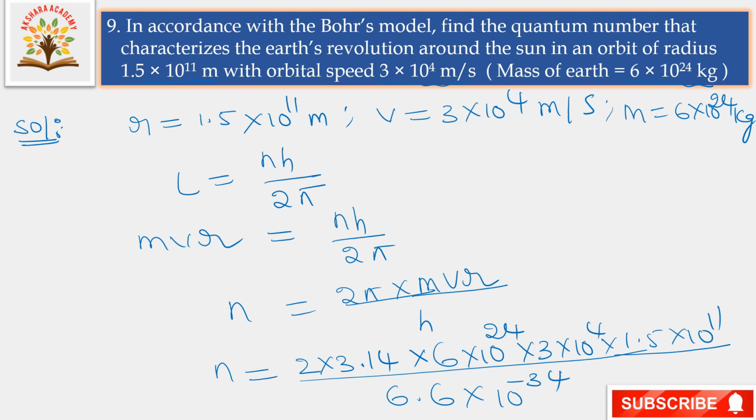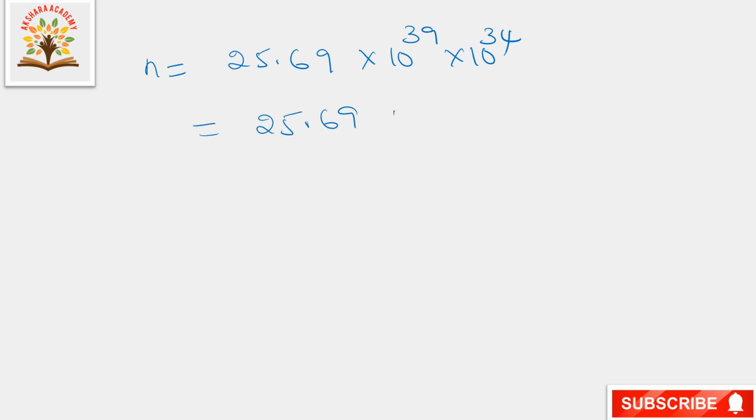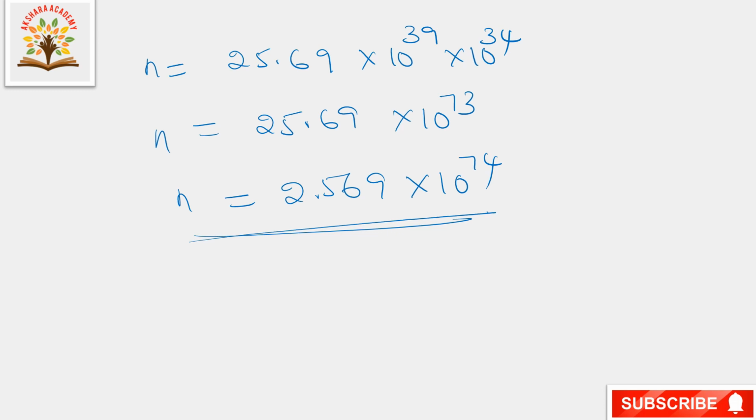After multiplying, 25.69 into 10 to the power of 39 into 10 to the power of 34. At last this can be written as 25.69 into 10 to the power of 73, or n is equal to 2.569 into 10 to the power of 74. Okay, next we will go to the next question.